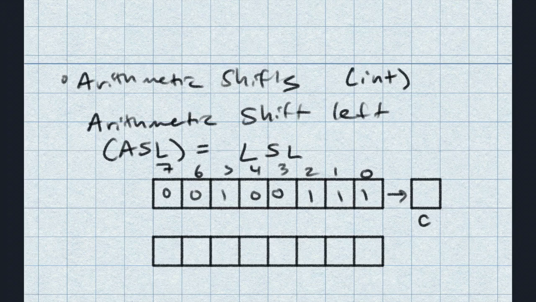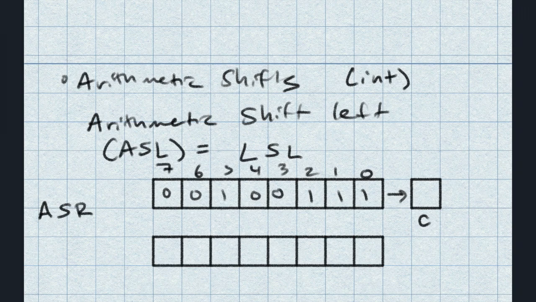So first would be the arithmetic shift left, or ASL. It turns out that it is effectively identical to a logical shift left. But we also need the arithmetic shift right, or ASR. And the way that that works is a little bit different than the logical shift right.